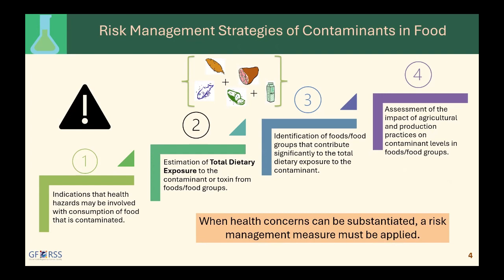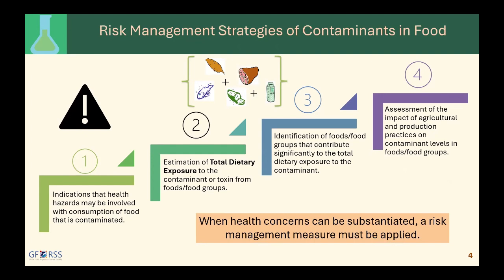My exposures, the food commodities that contribute the most, but at the same time, how this contaminant is being introduced to my food through environmental pollution, during processing. So I need to have a lot of information here. So I start compiling this information. My production processes, the agricultural practices perhaps are introducing the contaminant, right? So that's the starting point.